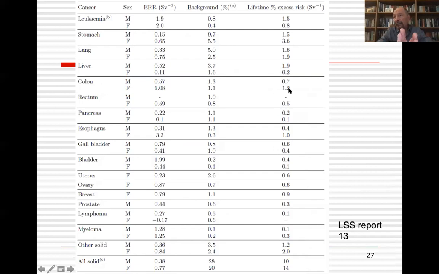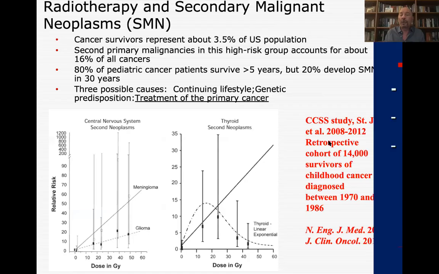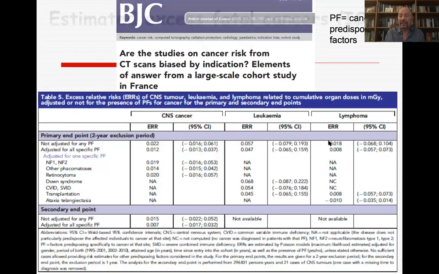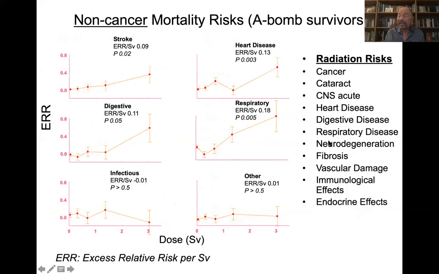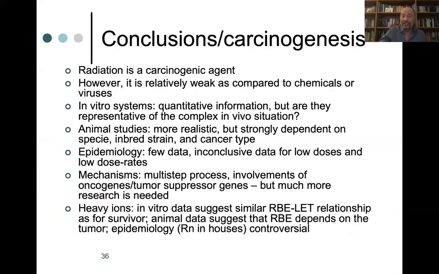So this means that if you get 1 sievert of radiation, your probability of dying of colon cancer over your lifetime increases over the background by 1.2%. And so on and so forth. At the end, if you take the total sum, it is some 10% for males and 14% for women, for acute exposure.